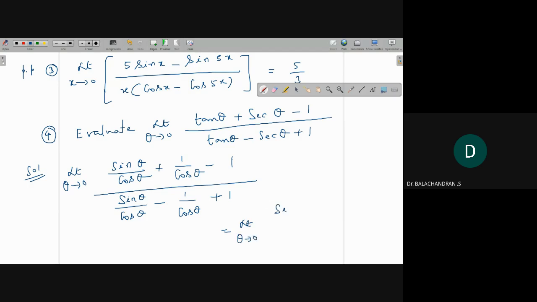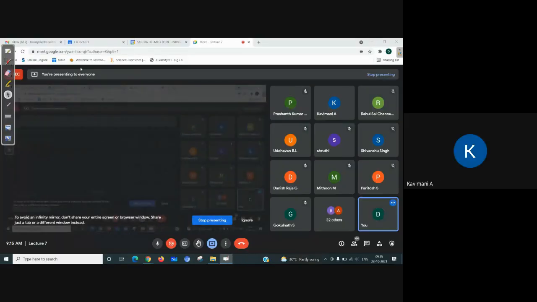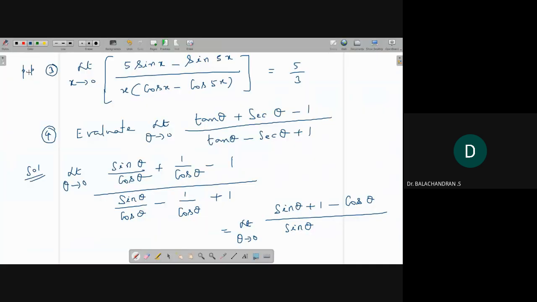What is the numerator? Sine theta plus 1 minus cos theta, divided by sine theta minus 1 plus cos theta.